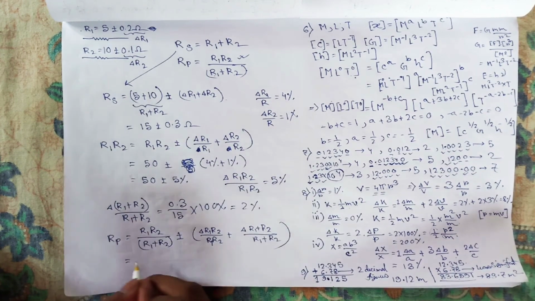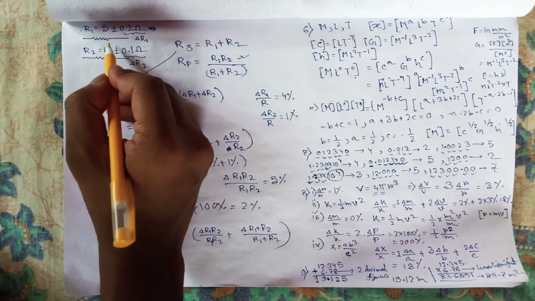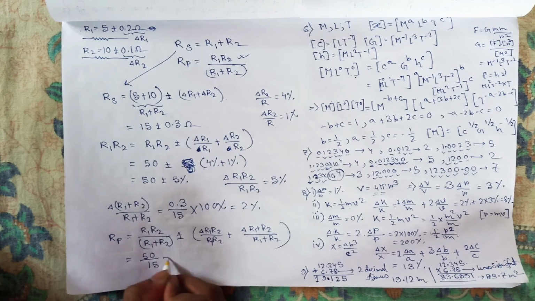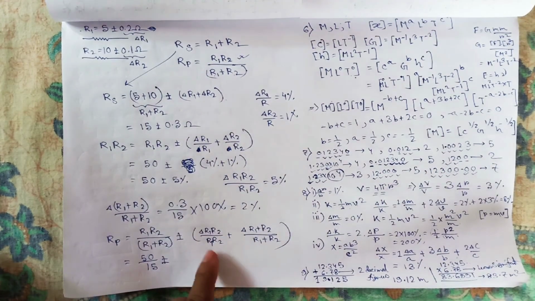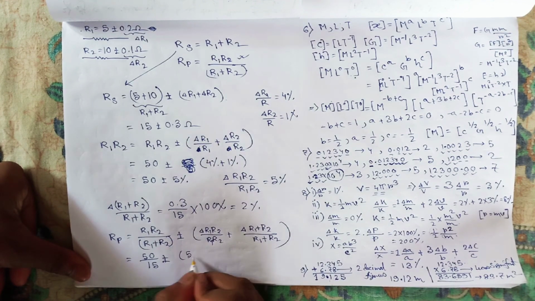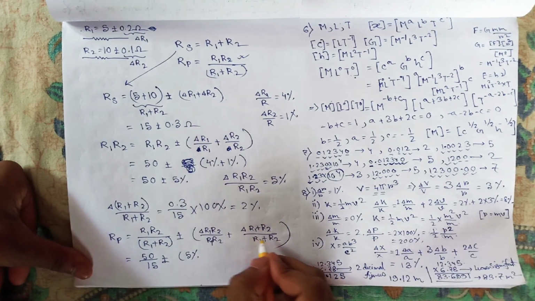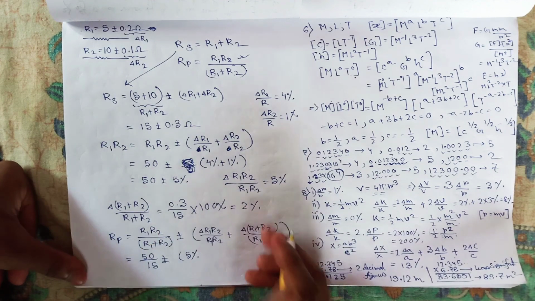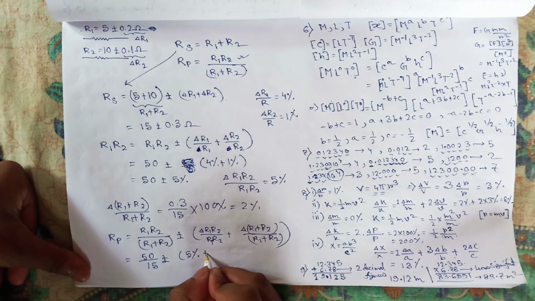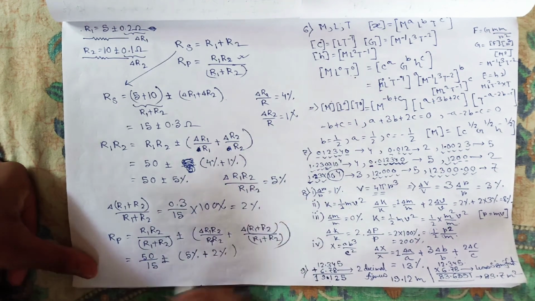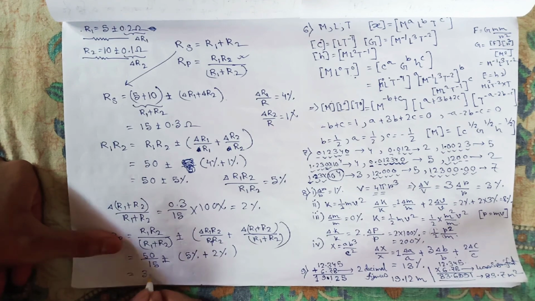R1 into R2 is 50, R1 plus R2 is 15, plus minus the 5% we already found, plus the relative error 2%. So the answer will be 3.33 plus minus 7%.